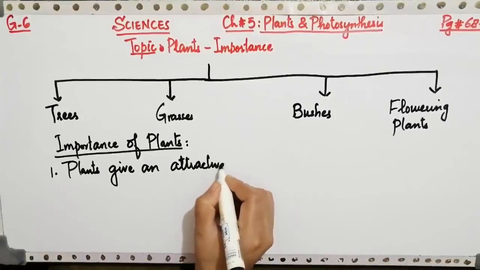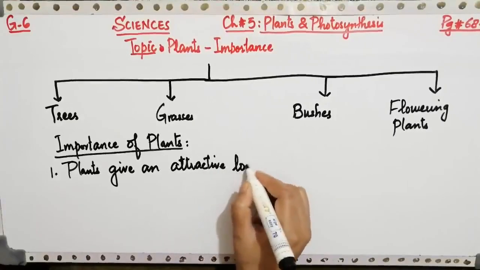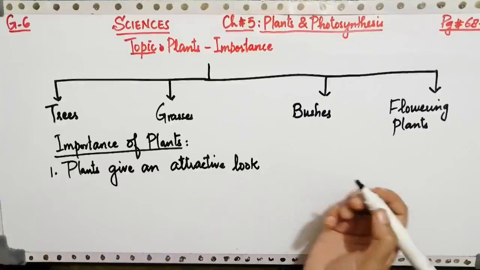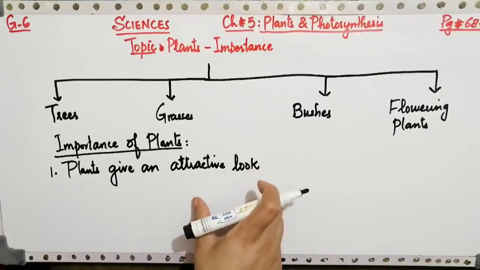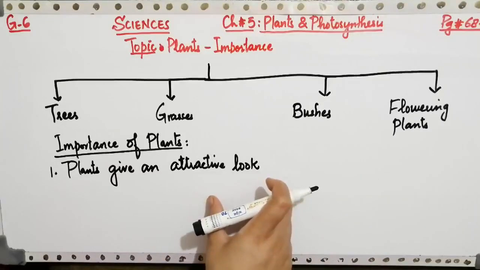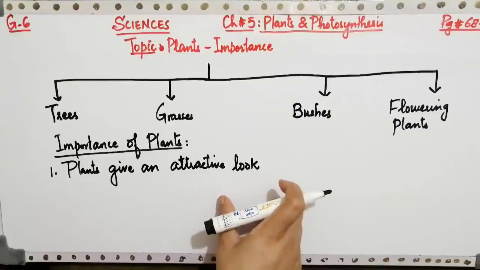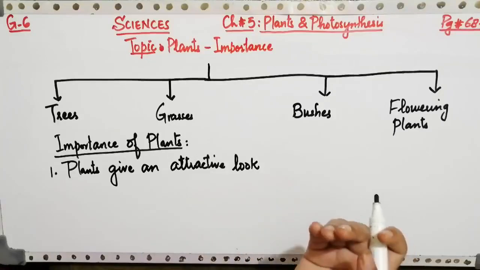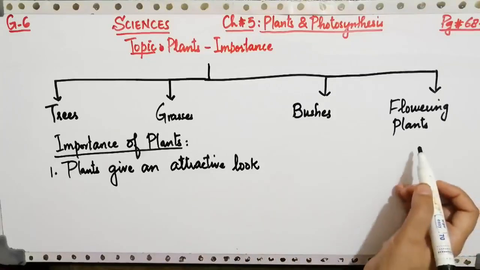Plants give an attractive look, and also you can say that they provide an aesthetic beauty for the viewers, for the people who want to see the plants, such as the flowering plants.